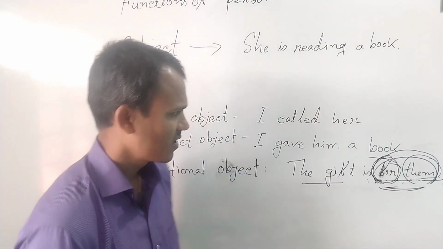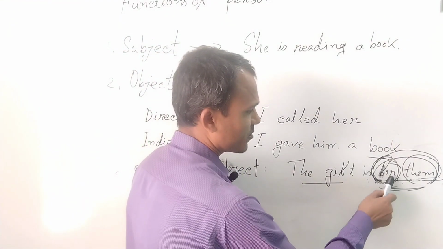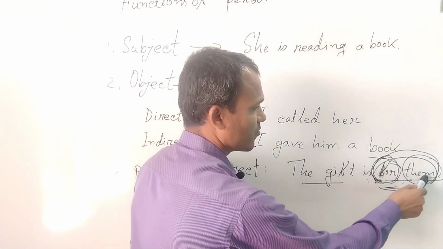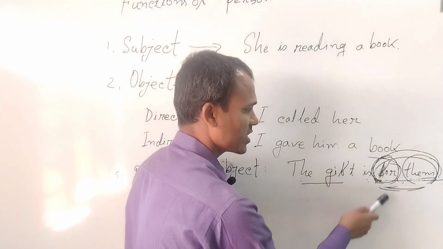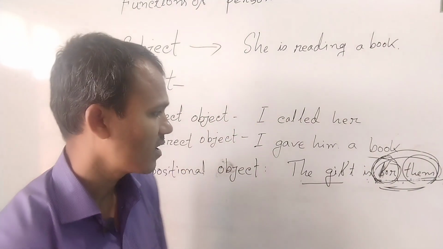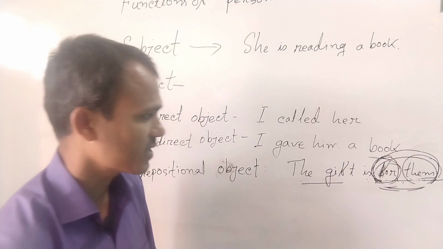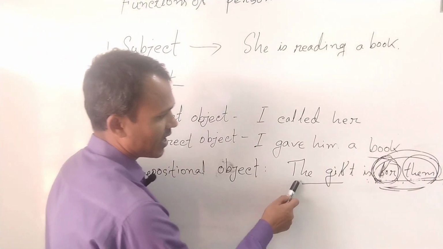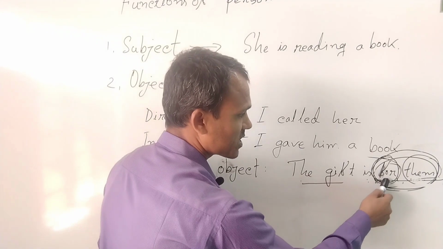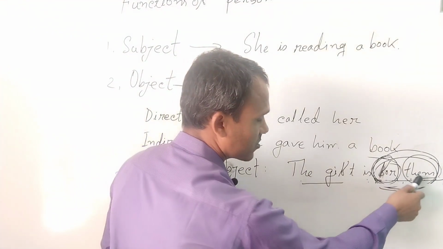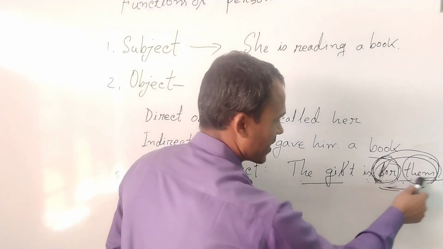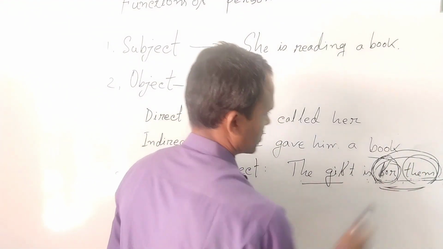Simply, we can say that when a preposition is used before an object, that time we call it prepositional object. Here an example: the gift is for them. This word is connected with another word through the preposition.